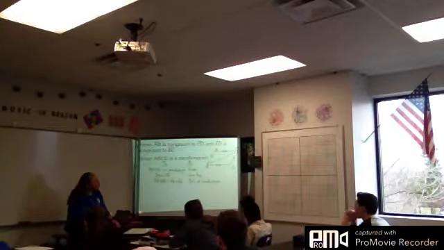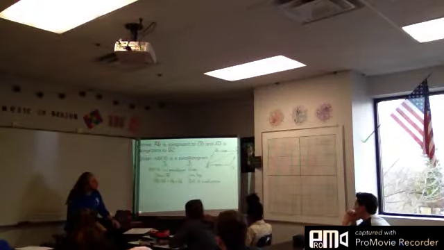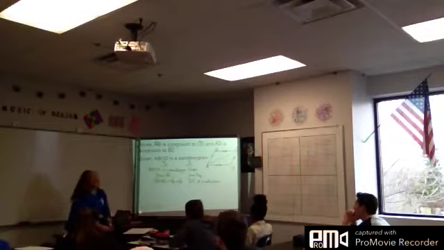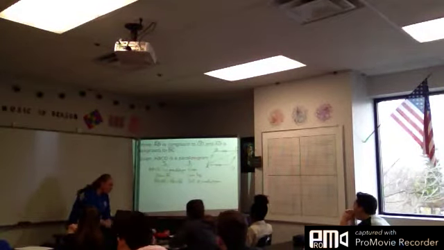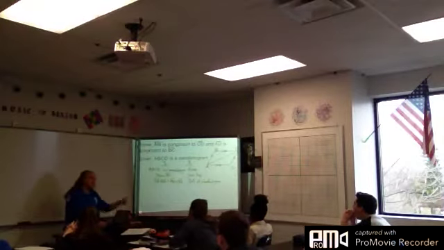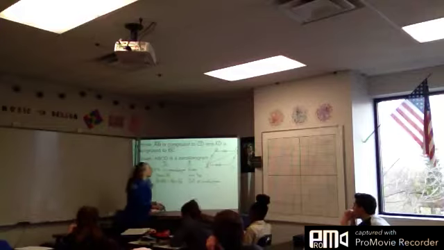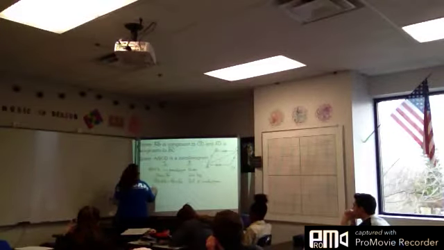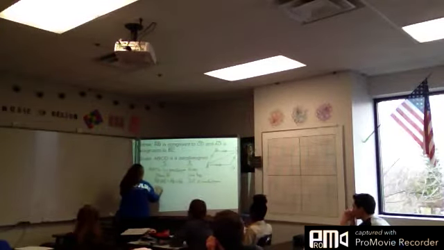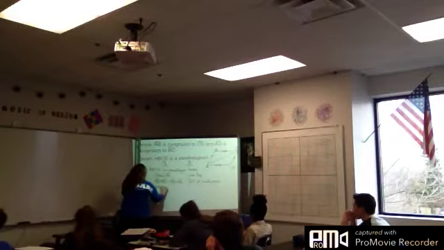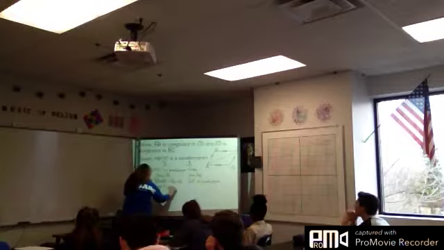No, BCA and DAC are congruent, why? Not because of the triangle things. They're alternate interior angles. Because if they're parallel, then I have alternate interior angles happening. So, I can say angle DAC is congruent to angle BCA.